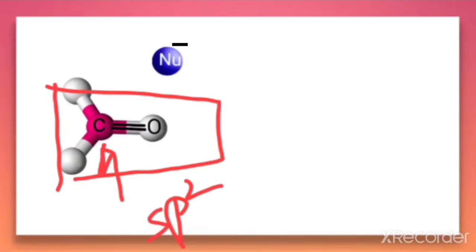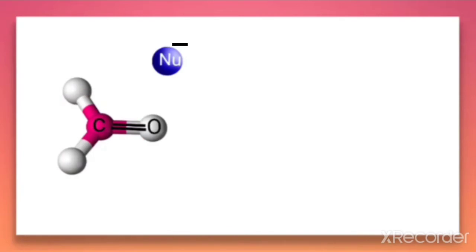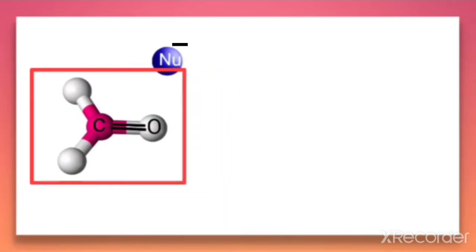Here this carbon atom is sp2 hybridized because there is a double bond between the oxygen and the carbon. Planar means the carbon and oxygen groups are all in one plane. So the nucleophile will attack approximately perpendicular to the plane of the sp2 hybridized orbitals of the carbonyl group.